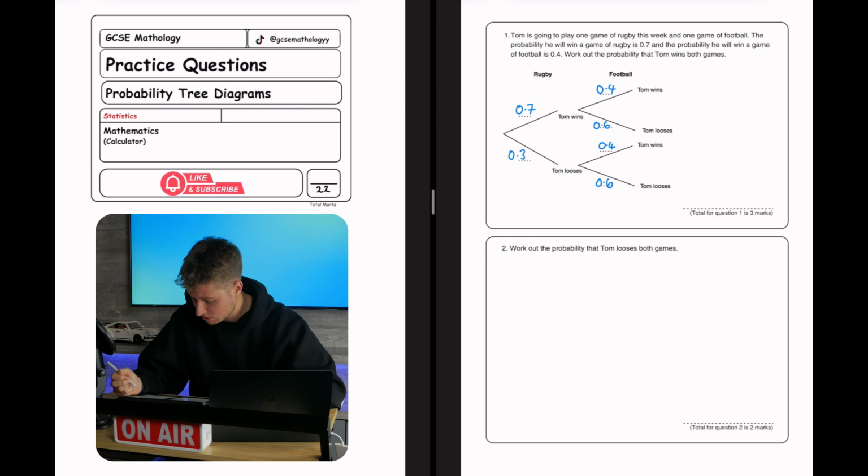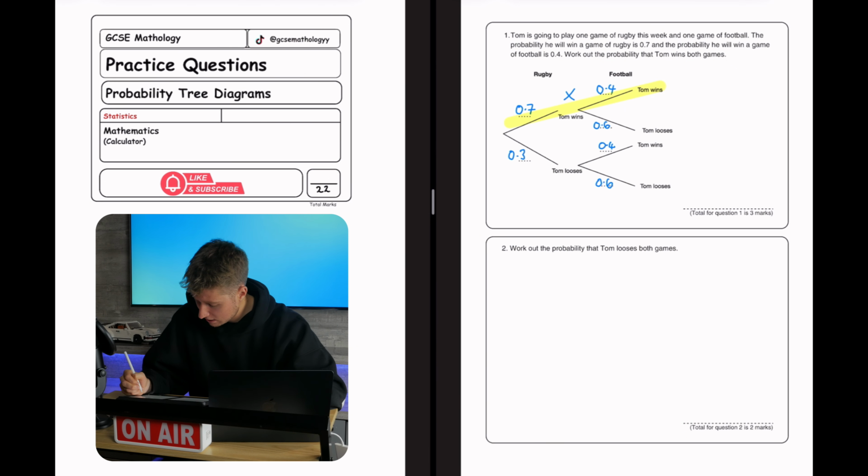And the question asks us to work out the probability that Tom wins both games. So we're going to draw the path where Tom wins both games. So this is the path where Tom wins a game of rugby and then where Tom wins a game of football. When we go along the branches, we multiply.